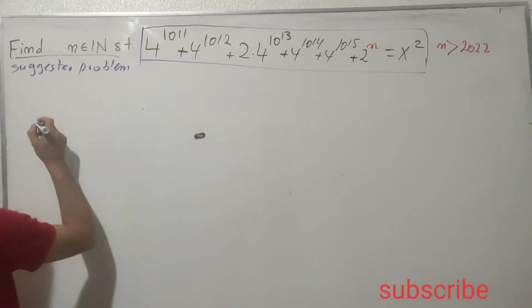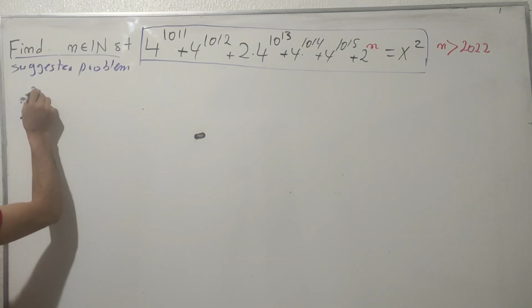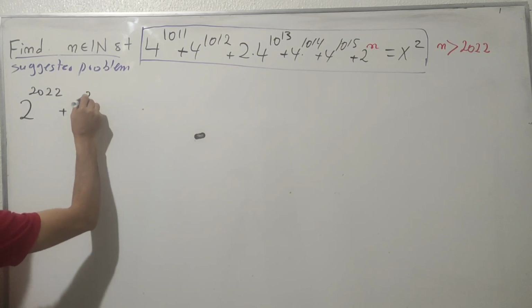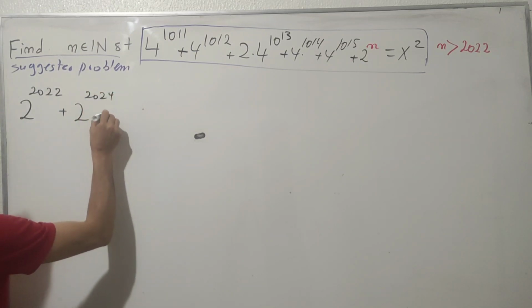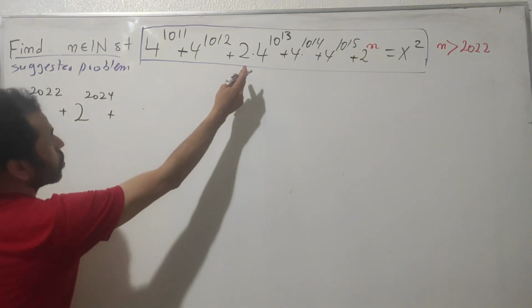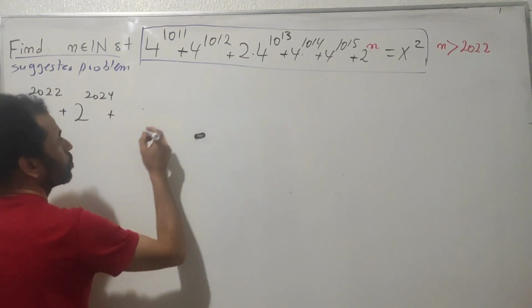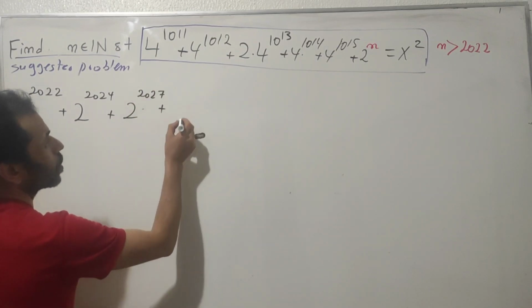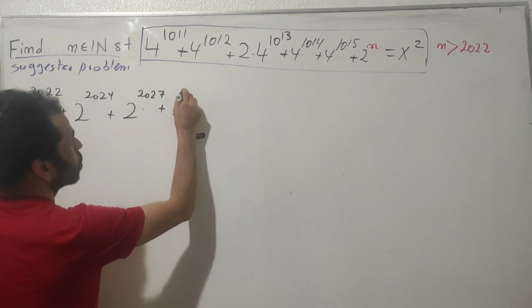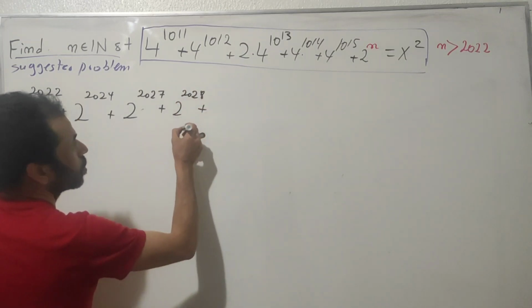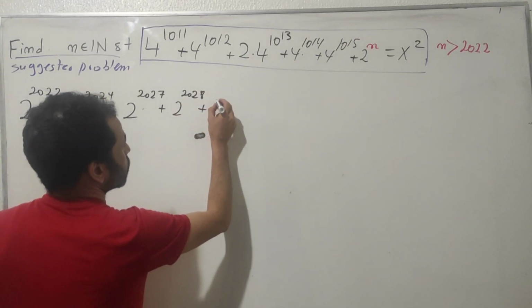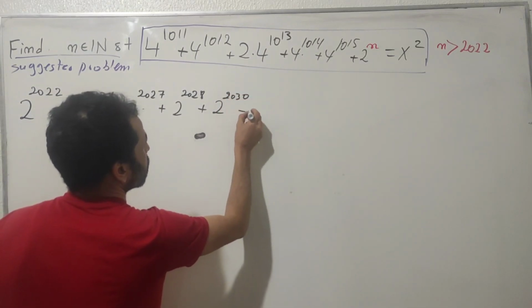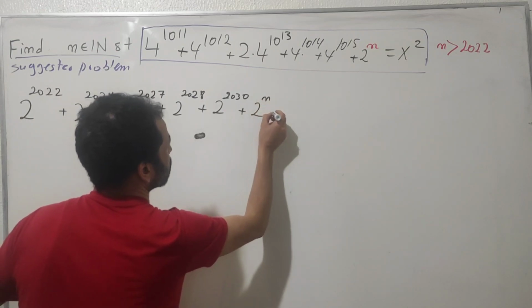So this one becomes 2 to the 2022, plus 2 to the 2024, plus 2 to the 2026, plus 2 to the 2027, plus 2 to the 2028, and then the before-last term, which is 2 to the 2030, plus the last one, which is 2 to the n.